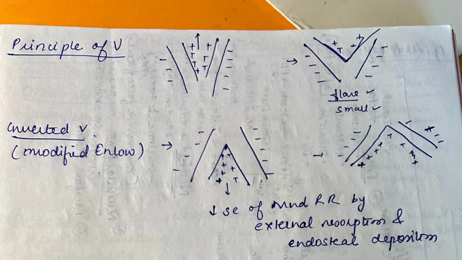Now, the outer surface will shrink, whereas the inner surface will expand. In case of maxilla, this happens, but in case of mandible, the inverted V principle is followed. Therefore, the maxilla becomes smaller and the mandible becomes wider.